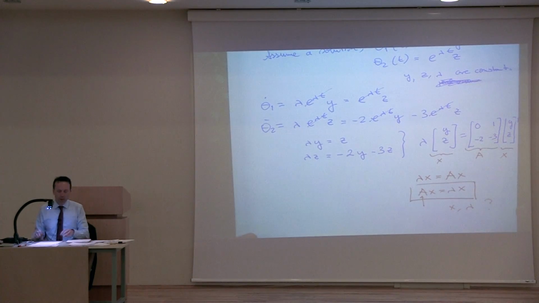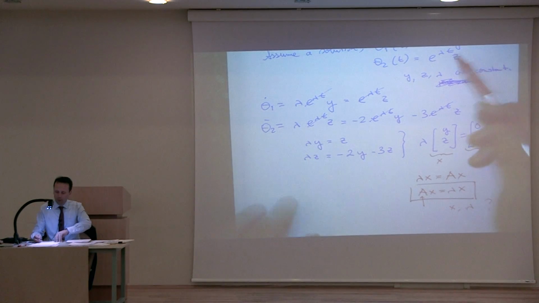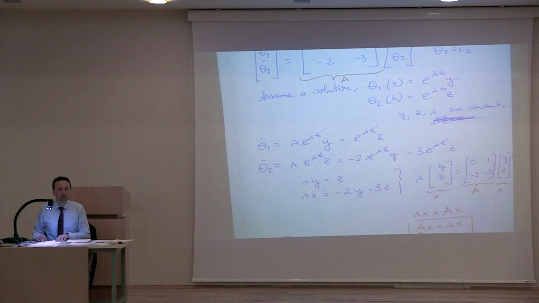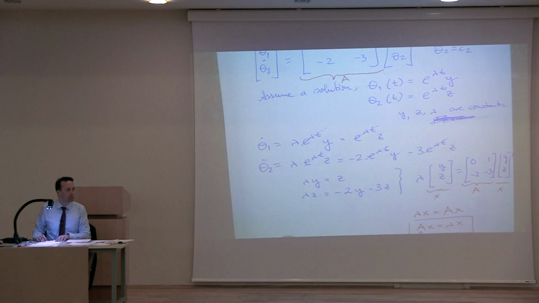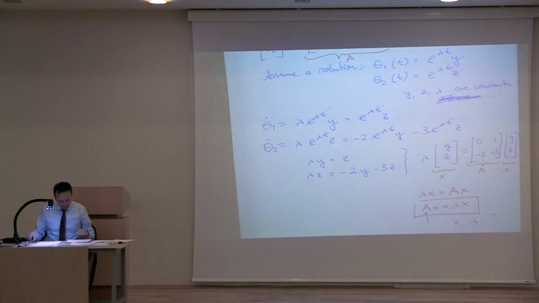So this is what we are going to do. If I find the eigenvalues of the A matrix, I can find lambda. If I find the eigenvectors, I can find x's, and then I have a solution for this thing. And that will be my solution. Is that good? All right, so let's do it.